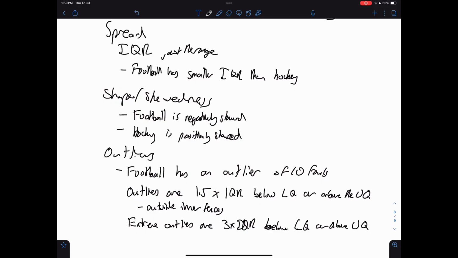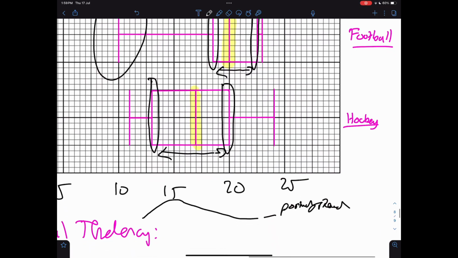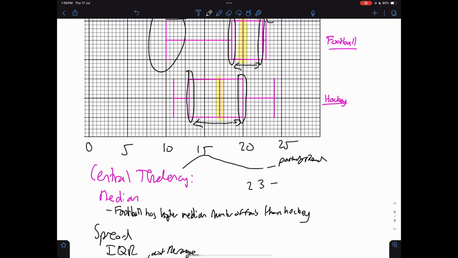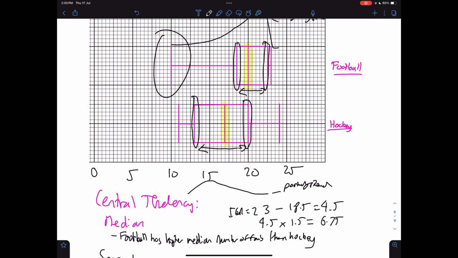And so we can see, if we have a look at our interquartile range, it's 23 minus 18.5, which is equal to 4.5. 4.5 times 1.5 equals 6.75, and then our lower quartile, 18.5 minus 6.75, is equal to 11.75, and 10 is less than 11.75, so it's an outlier.